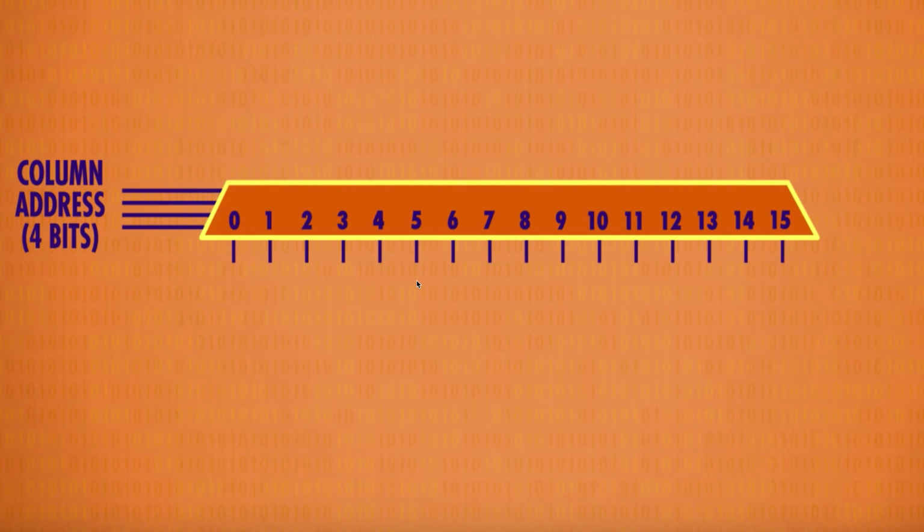What you use is called a multiplexer. So the column address is 4 bits, and it takes in 4 bits and it can output 15 electrical signals. 16, because there's the 0 one.